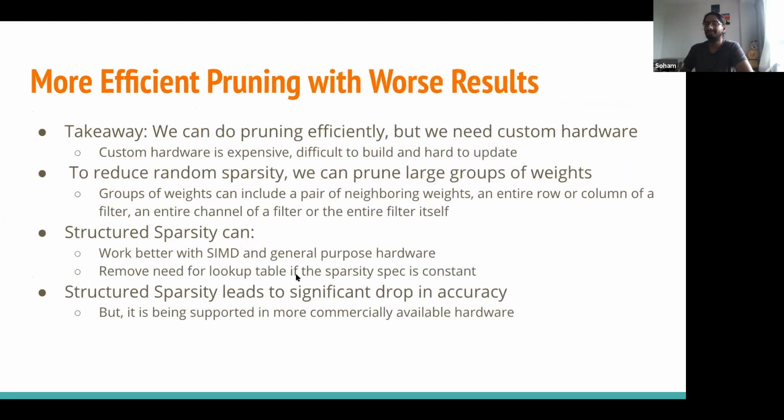We can use custom hardware, and this is something I've been doing my research on in the last year or so, where I've built my own custom hardware. Believe me, it's extremely painful to build your own hardware, because it takes a lot of time and a lot of effort, and you're dealing with things at the nanometer scale.